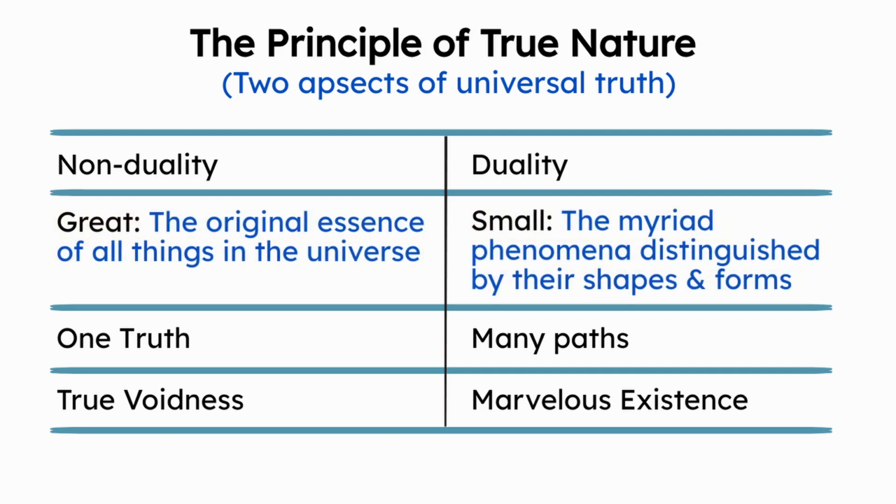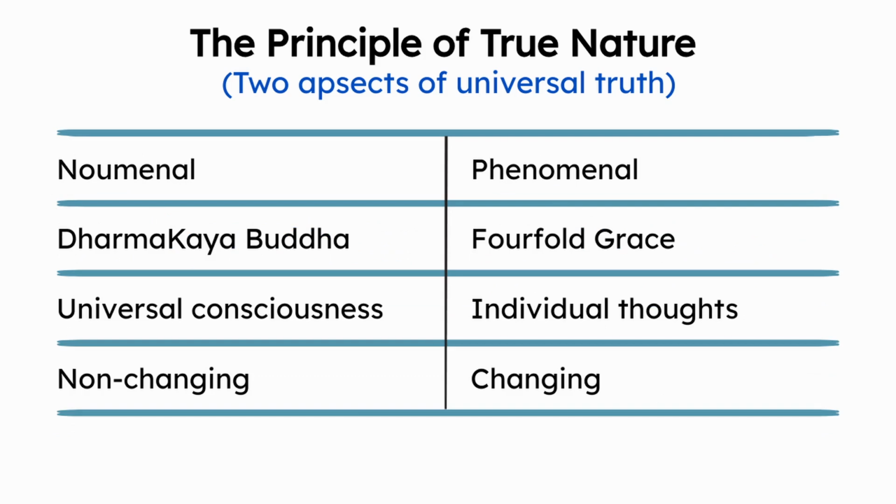The 2 principles of true nature can be also expressed as one truth and many paths. True voidness and marvelous existence. Noumenal and phenomenal in philosophy. Dharmakaya Buddha and Fourfold Grace in Buddhism.